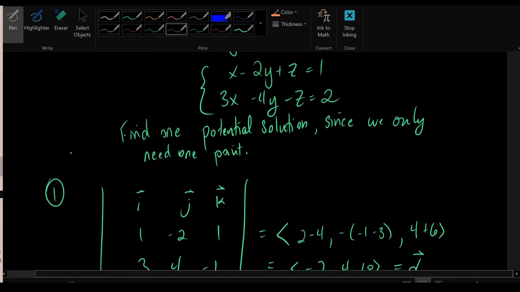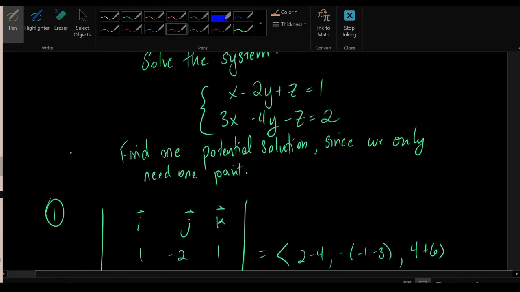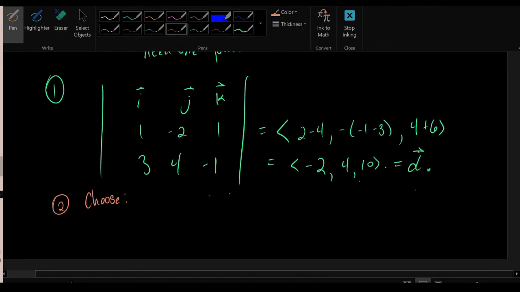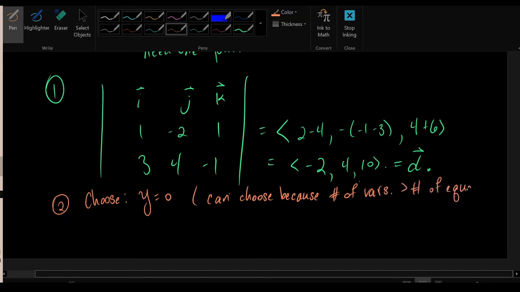So because I have one extra variable that's free for me to make choices with, I'm going to set the y value equal to 0, because the number of variables is greater than the number of equations.